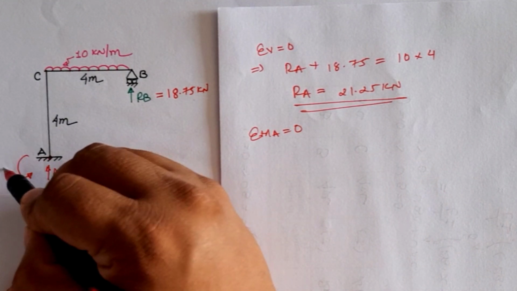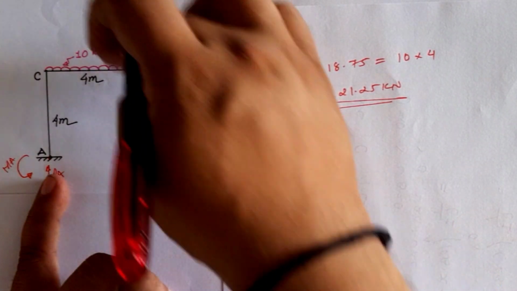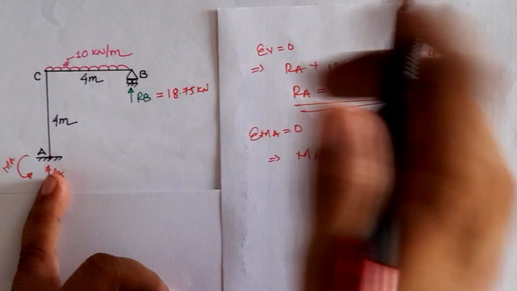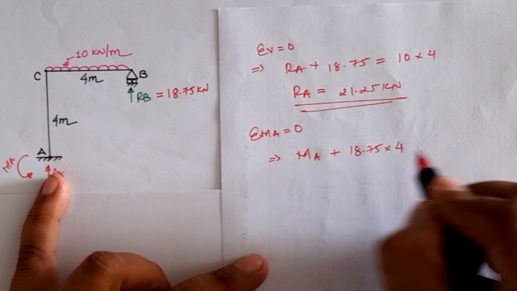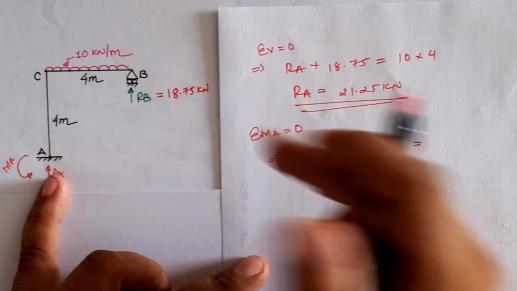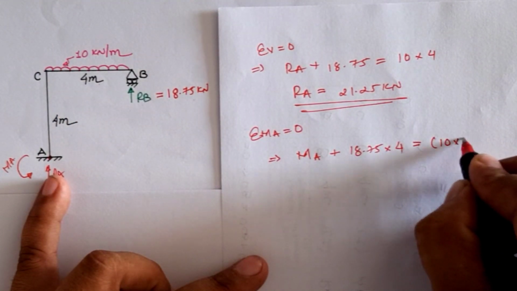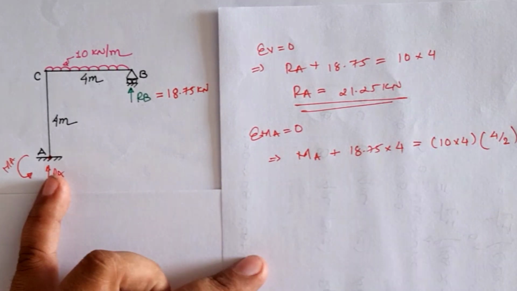And if we take sigma moment at location A equal to 0, and the moment at location A is assumed as anticlockwise MA, then anticlockwise moment MA plus RB into 4 meter as anticlockwise, so plus 18.75 into 4, is equal to the clockwise moment of the 10 kN per meter load, as total load 10 into 4, into the CG distance, distance by 2.